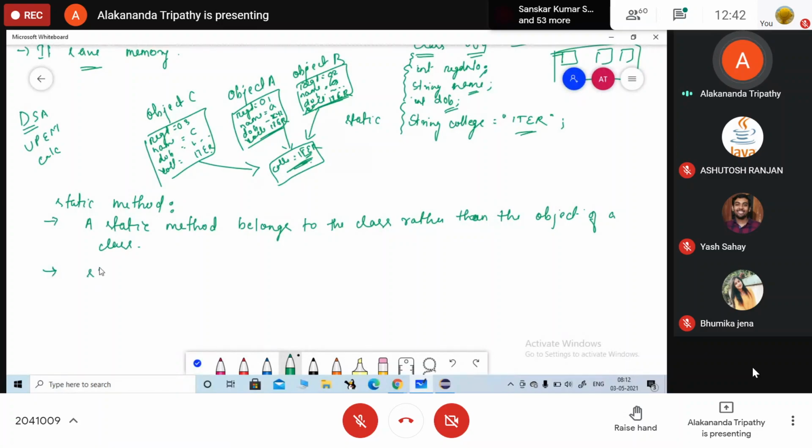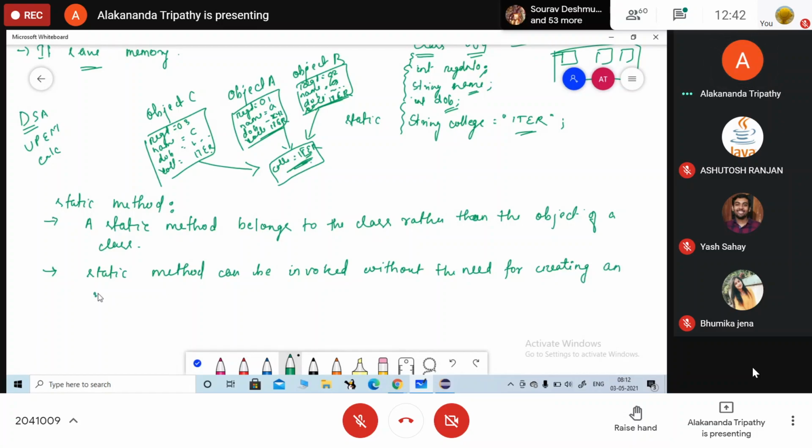A static method can be invoked without the need for creating an instance of the class.